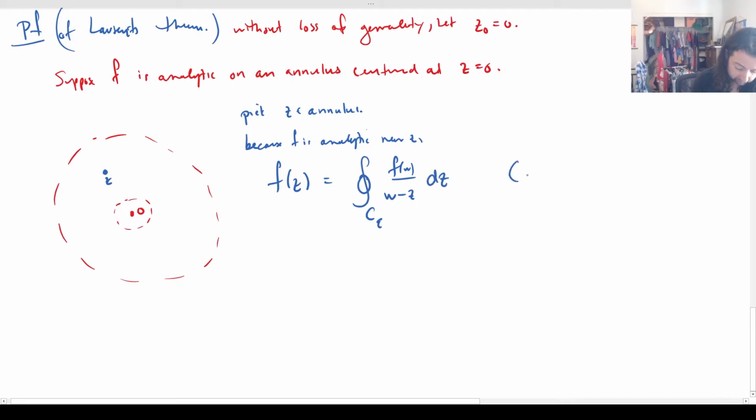So this is the Cauchy integral theorem. We have this little contour that goes around z that looks like this. This is contour c epsilon. Epsilon here just means it's a small circle around the point z.